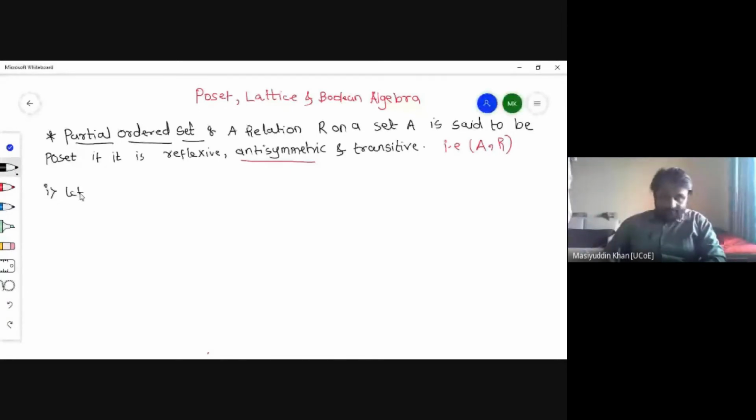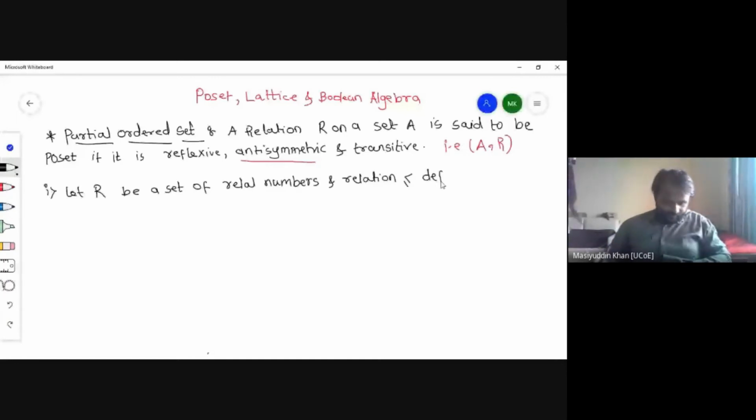Let R be a set of real numbers and a relation less than or equal to defined on R, then prove that R is a poset or a partial ordered set on the given condition.